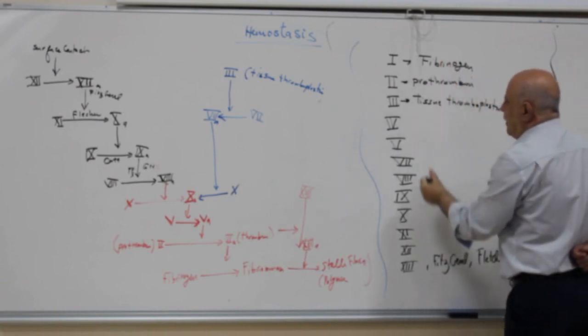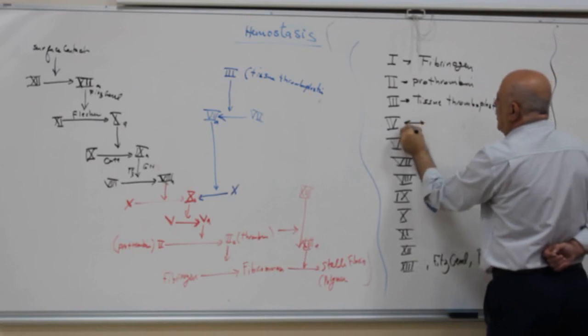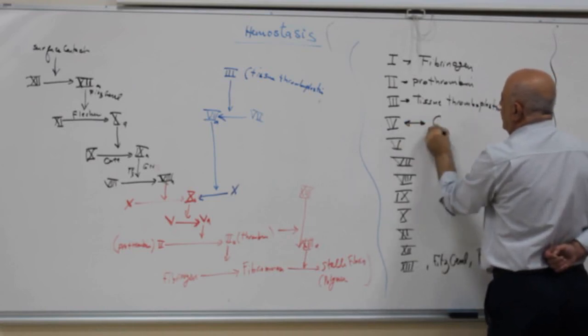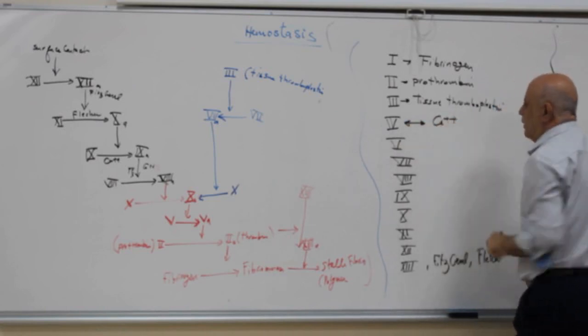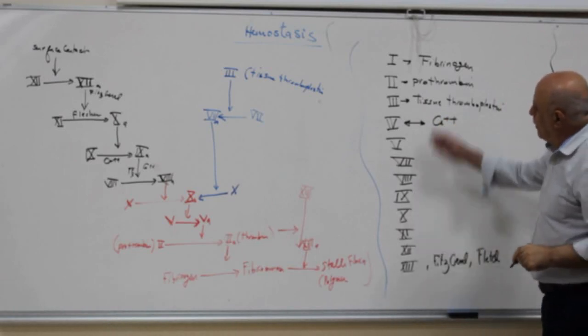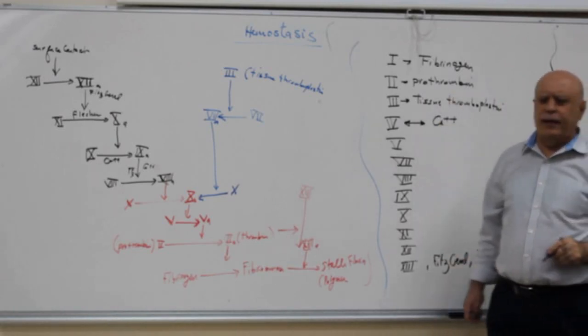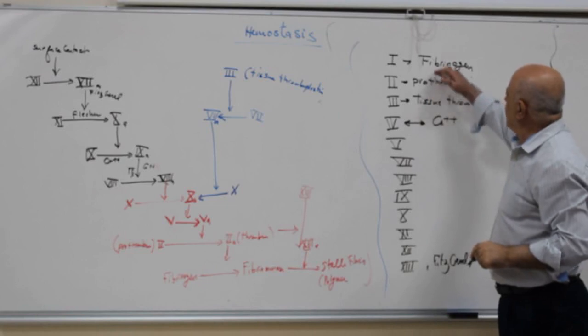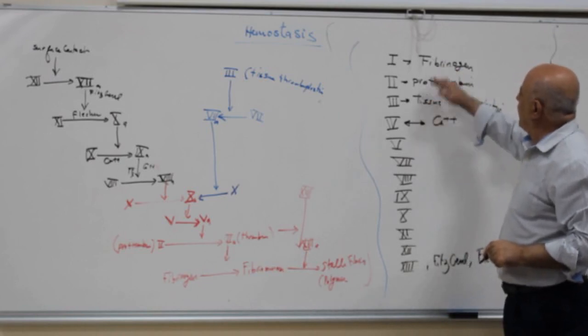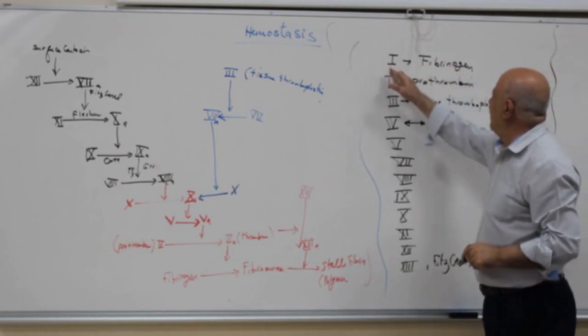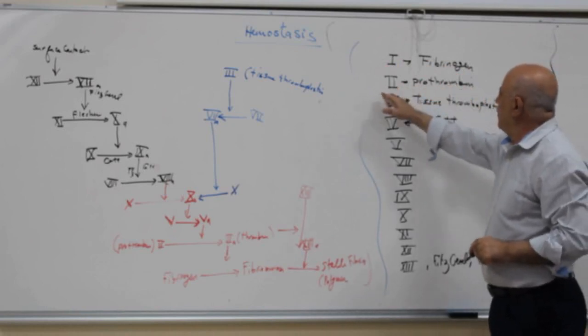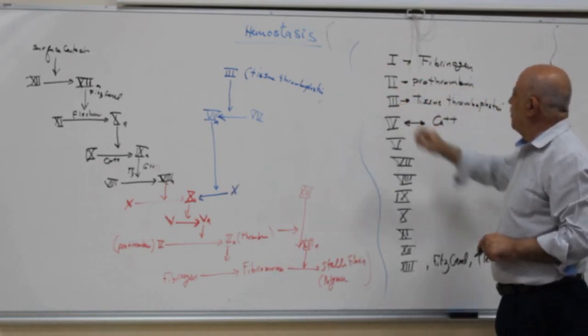Factor 4 is the only one that's not a protein. It is calcium. And all have names, but it's not very important to know the names. But these names are very often mentioned. That's why when I say fibrinogen, I mean factor 1, prothrombin is factor 2, tissue thromboplastin is factor 3.